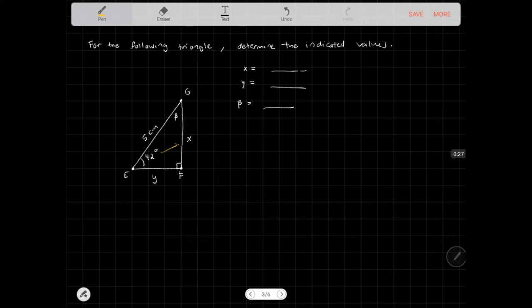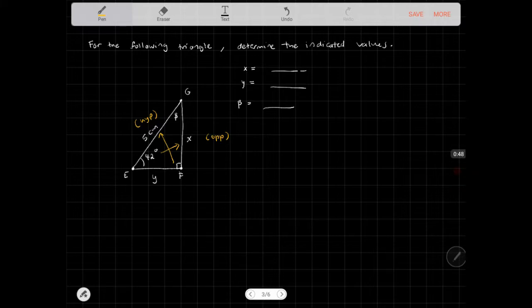If you want to solve for x using the reference angle 42 degrees, this is going to be our opposite side, and this is going to be our hypotenuse. This will always be our hypotenuse, it won't change, because there's a right angle present, so the side across from the right angle is always the hypotenuse.